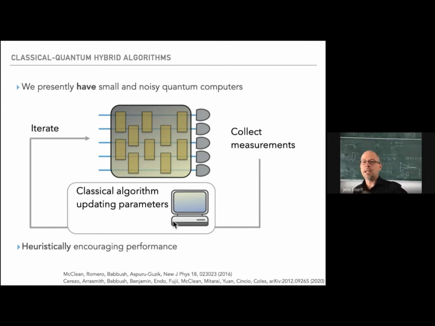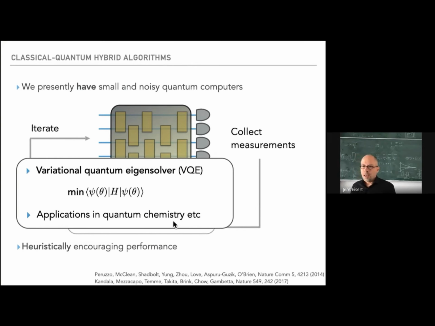There are some reviews given down here that are very much worth reading in this context. So the most basic, plain vanilla reading of this is the so-called variational quantum eigensolver. It's a family of problems that does nothing other than implementing a reading of the variational principle in quantum mechanics.